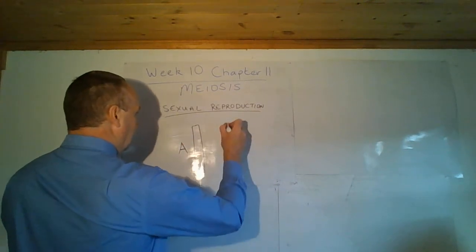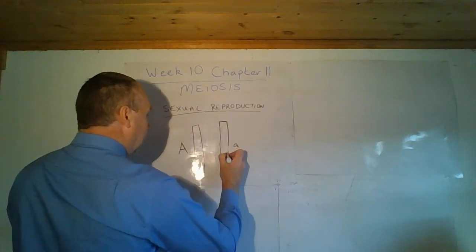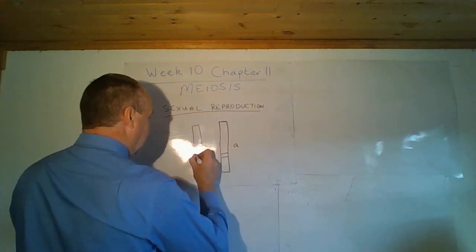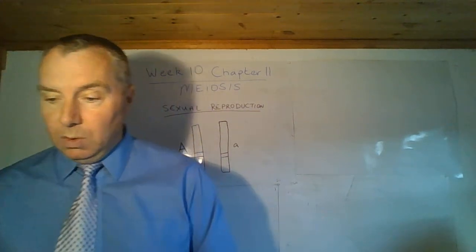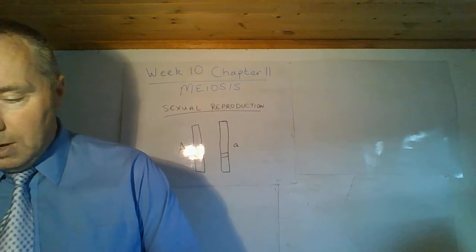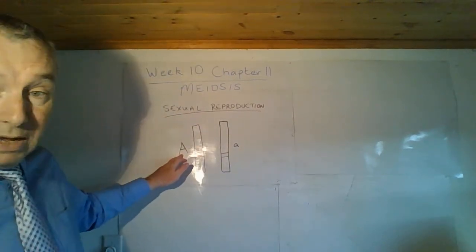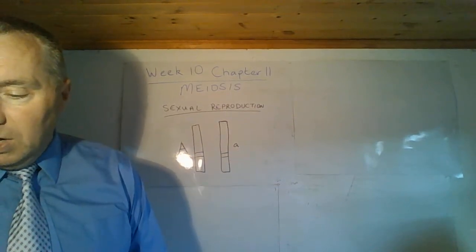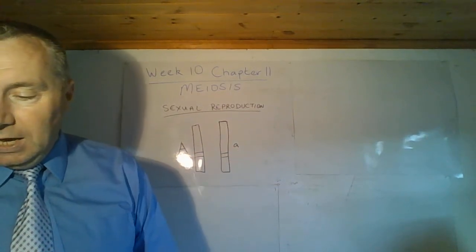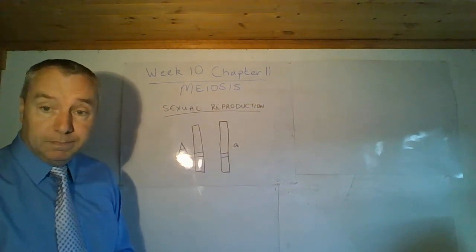Let's say this is a heterozygous pair of alleles, and they're found in a particular place. So an allele is one of two gene variants. This is one gene variant that's dominant, and this is a gene variant that's recessive, that arise by mutation, and they're found on the same place on a chromosome.